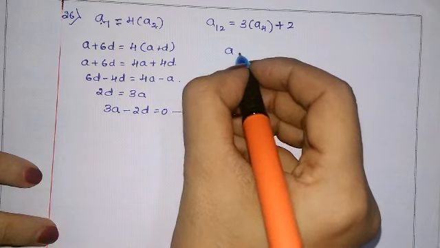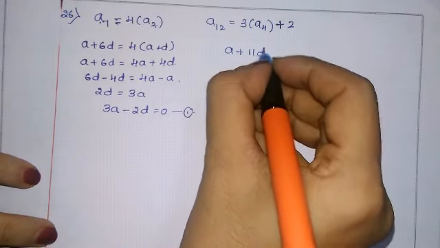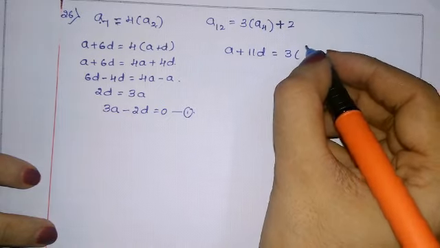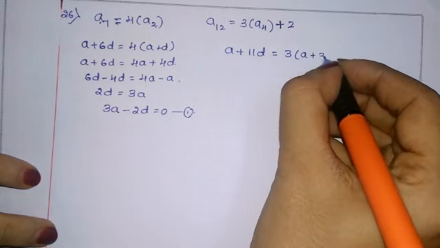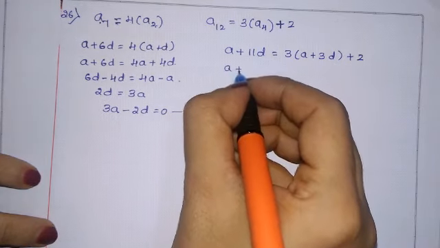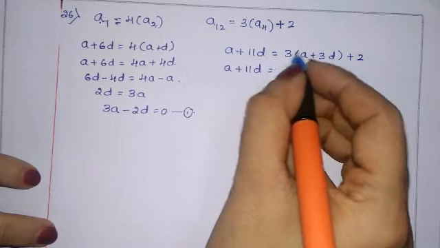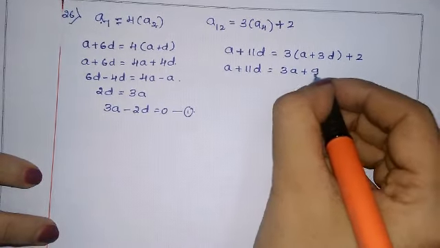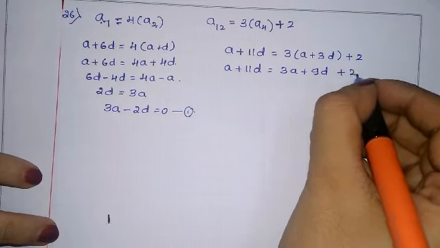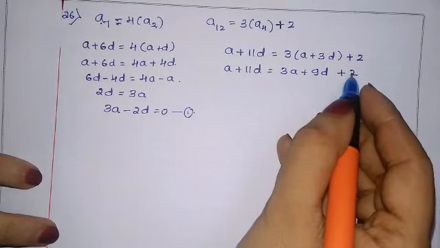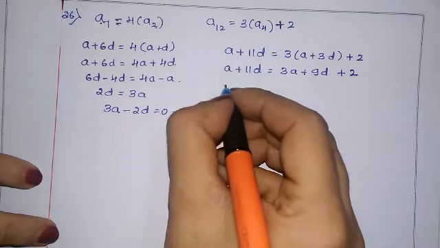A12 is equal to A plus 11D, which equals 3 into A4, that is A plus 3D, plus 2. A plus 11D is equal to 3 into A is 3A, plus 3 threes are 9D, plus 2 as it is. Now we will bring everything to one side, but 2 we will keep as it is.